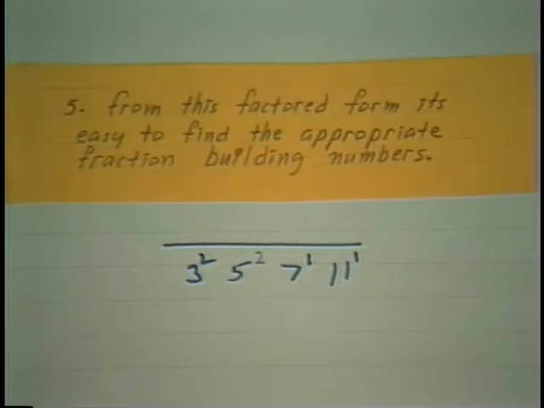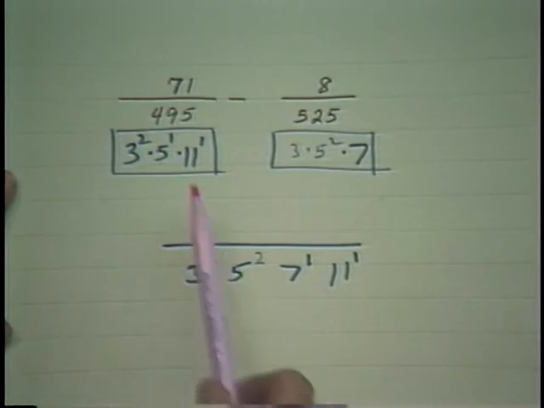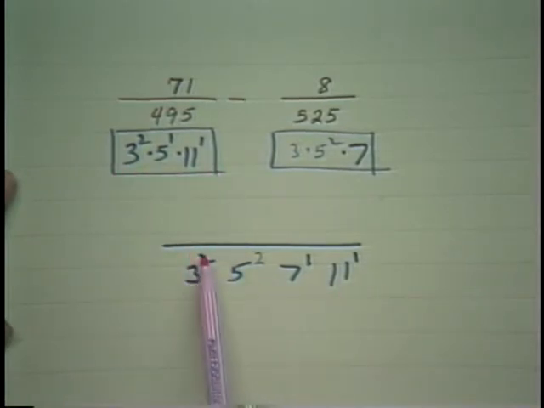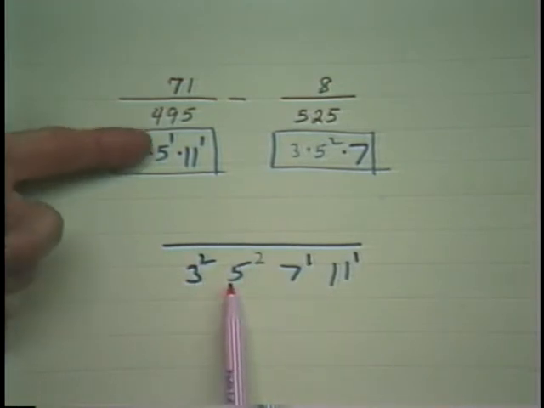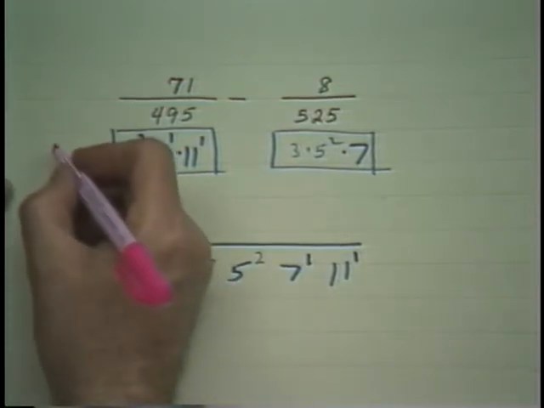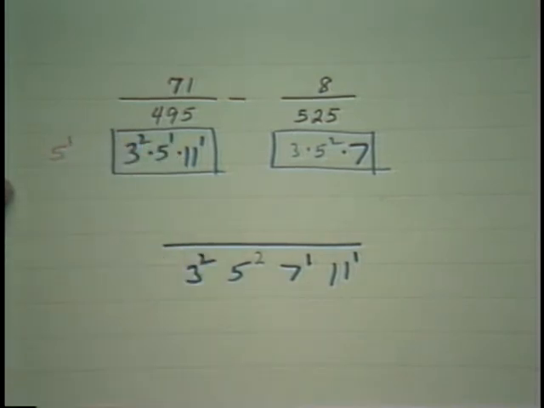And furthermore, from this factored form, it's easy to find the appropriate fraction building numbers. Let's see how that works. We want this one to look like this one, but this one has 2 3s, so does this. This one has 2 5s, this one has only 1, so I'll need one more 5.